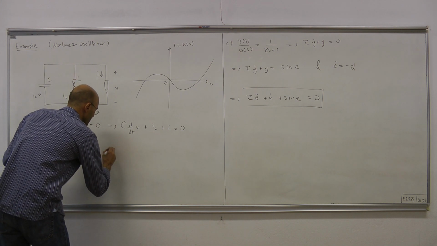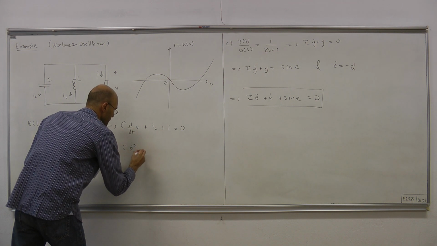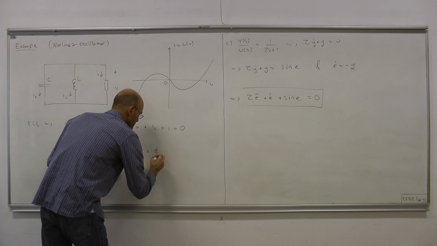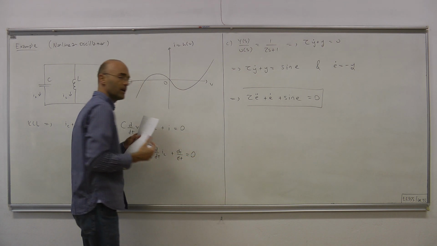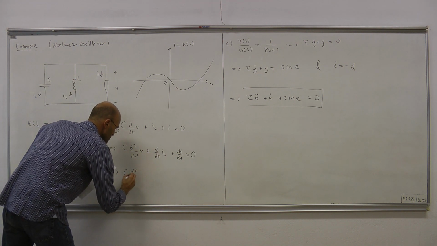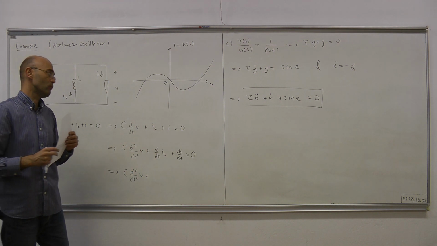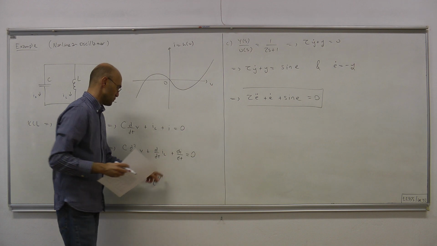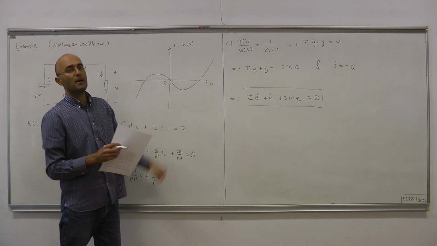So differentiate with respect to time once again. What we have is d squared/dt squared V, so V double dot, plus d/dt IL plus dI/dt, and that must equal 0. Then let's rewrite certain terms. d squared/dt squared V plus, this is 1 over L times the voltage of the inductor, so 1 over L V, so that's also in terms of V. And finally, we can express this in terms of V by using this mapping.